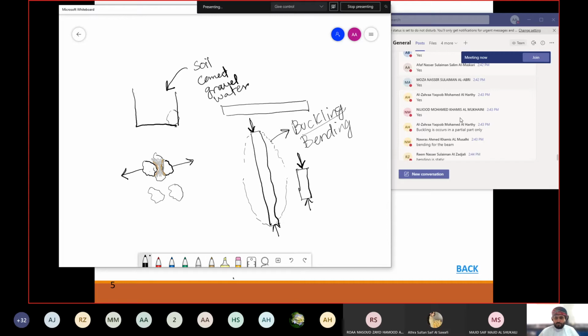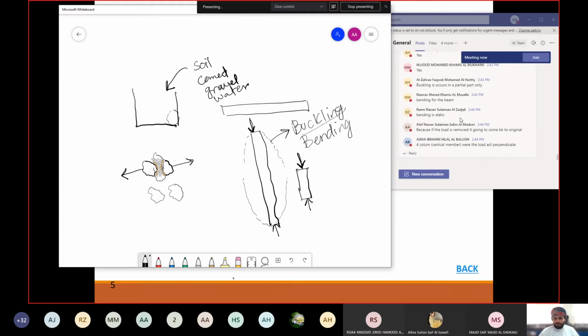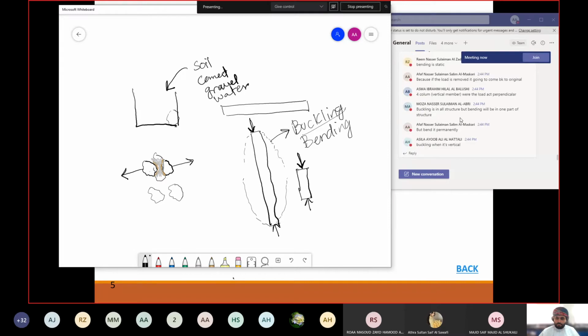Bending is static. No. Buckling is vertical. Not necessarily.